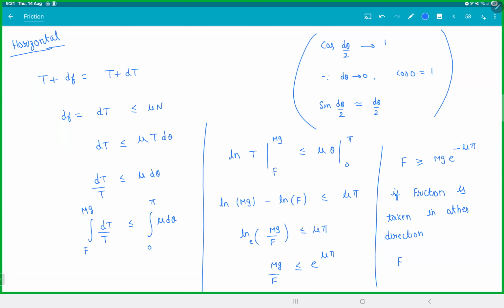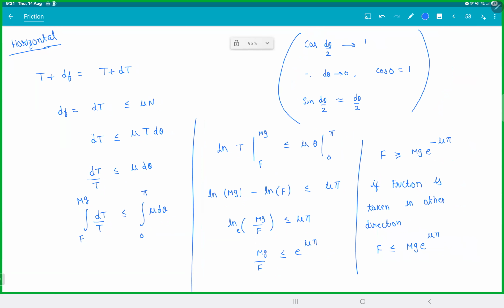Then you get F must be less than or equal to mg into e power mu pi. So you get a range of this thing. This is your maximum and that is your minimum. So the value of F will lie between mg e power mu pi to mg e power minus mu pi. That would be your final answer.